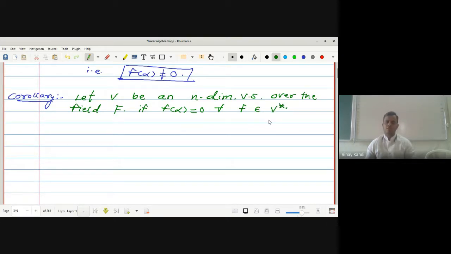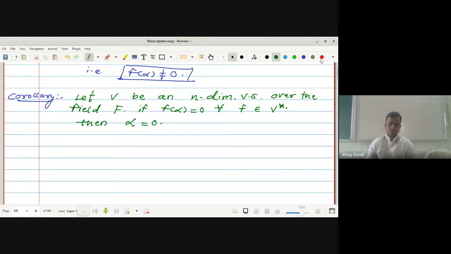The collection of all the linear functionals on V. So for all f belongs to V star, we have f of alpha is equal to 0. Then alpha must be the 0 vector. So this is the statement.